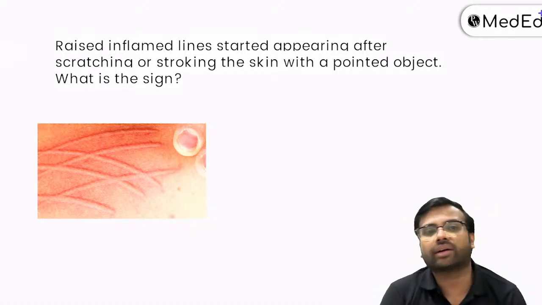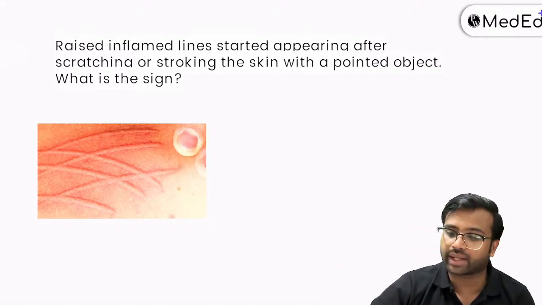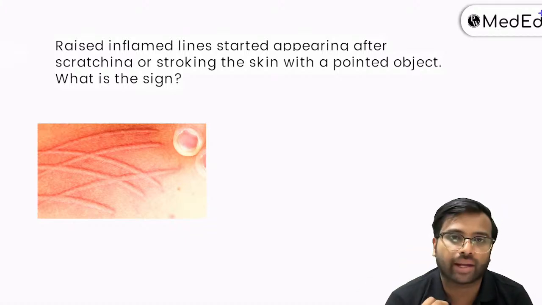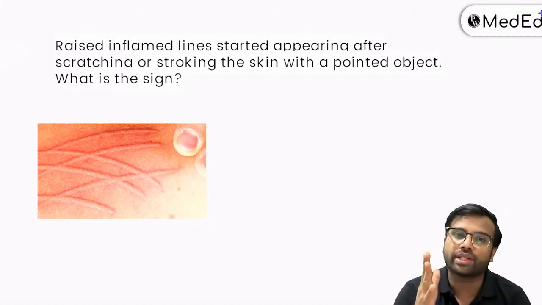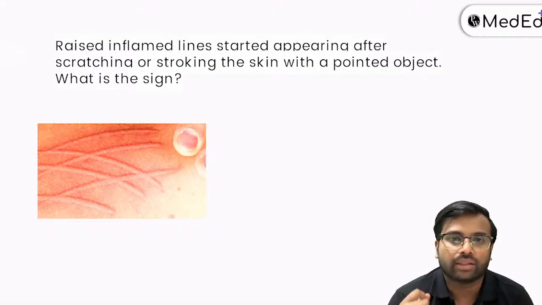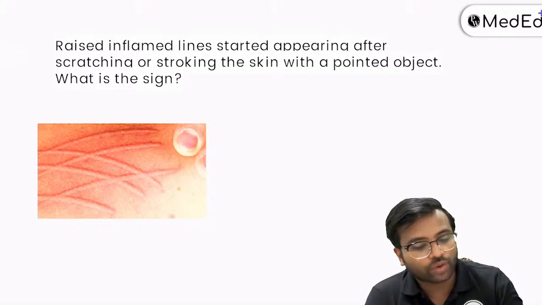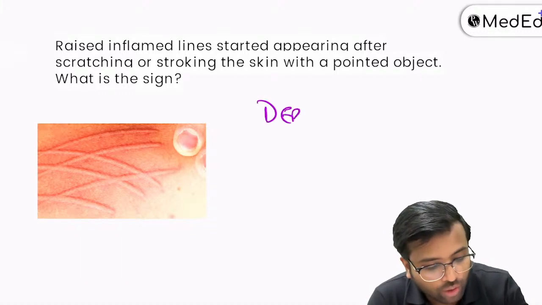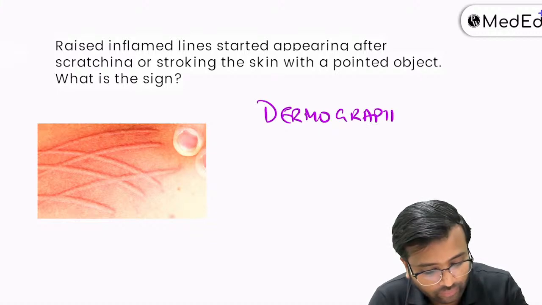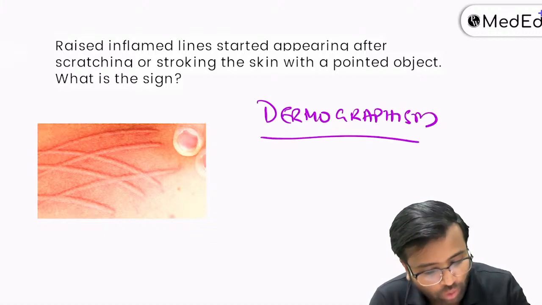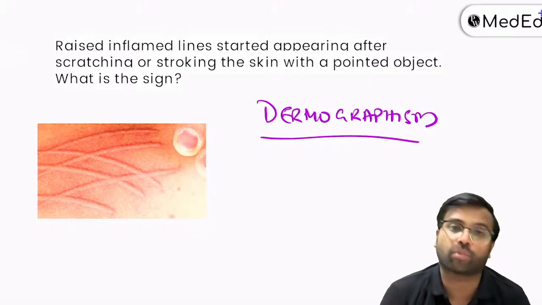So these are a group of diseases which we can categorize as urticaria. Now in those kind of patients who have urticaria, there is a very important phenomenon of the skin which we call dermographism. A very important clinical sign which is called as dermographism.